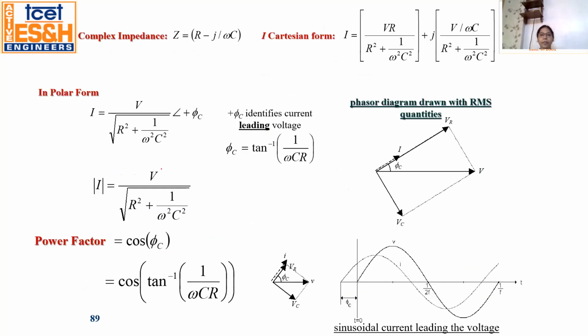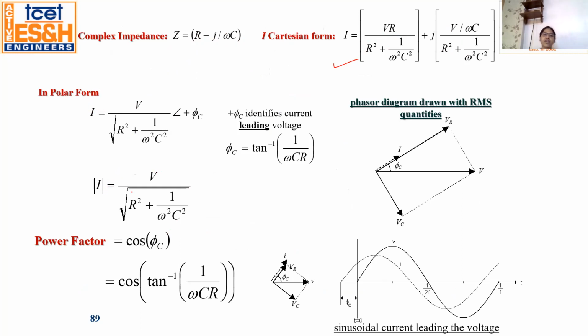Now see here, this is the complex form of the impedance representation, R minus j by omega C, whereas in Cartesian form we already derived it, V multiplied by R and so on. In polar form, you have to write magnitude with the angle. So how can you find the magnitude?